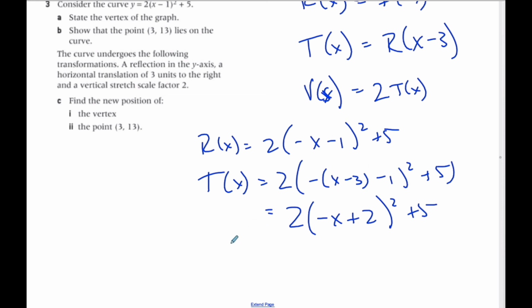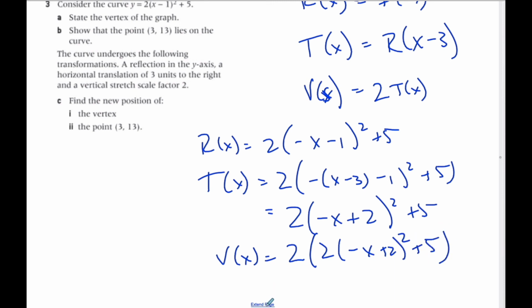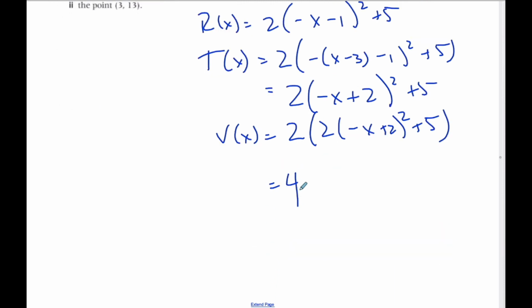And then finally, to find v of x, my final one, I multiply t of x times 2. Everything gets multiplied times 2, each term. And so when I do that, I end up with 4 times negative x plus 2 squared plus 10.